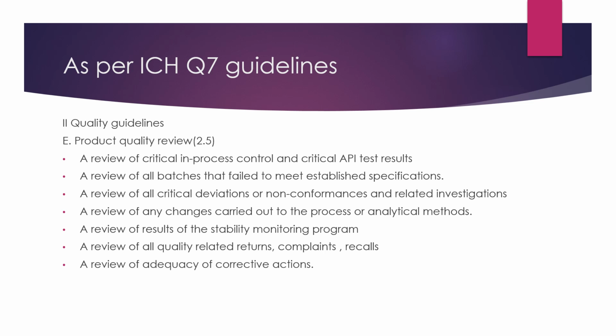So any deviations that have occurred during the manufacture of the product, or any non-conformances, non-compliance or CAPAs, any type of investigations that we have done for a particular product have to be covered in the particular APQR.